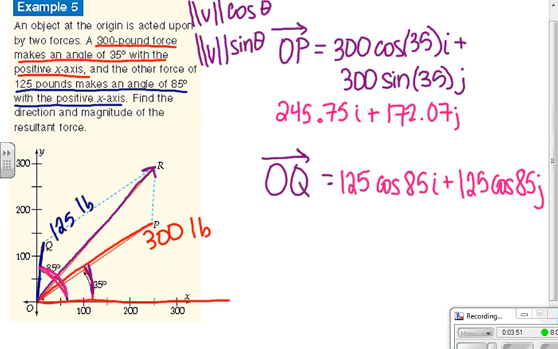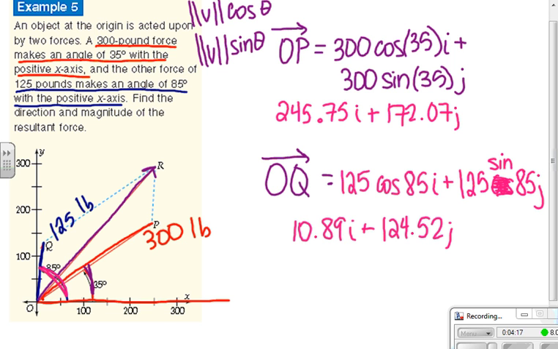I'm going to grab the numbers for my vector OQ. 125 cosine 85 gives me 10.89 i, and then 125 sine of 85, oops, I just realized I wrote that wrong, is 124.52 j. This guy right here should not be cosine, he should be sine.